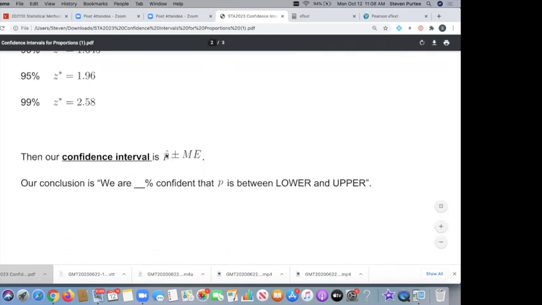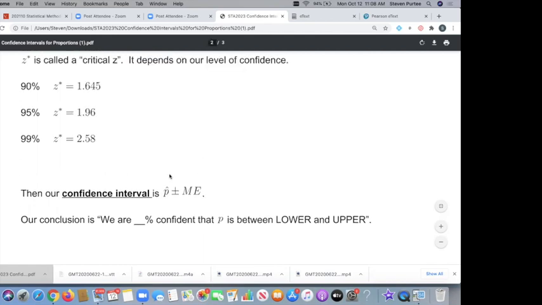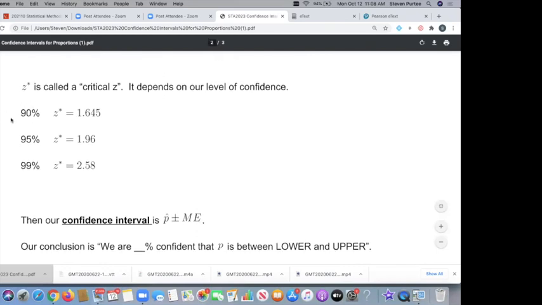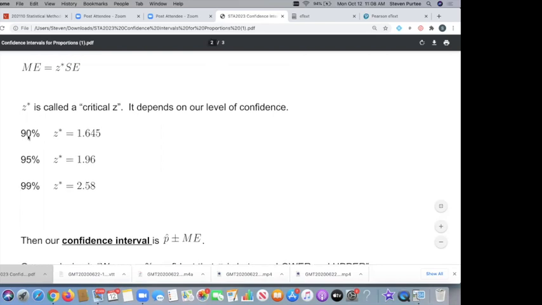We get some confidence interval that is centered around what our sample tells us, plus or minus some margin of error. And then how do we decide how big we want our margin of error to be? That's our confidence level. So we could be 90% confident, 95%, 99%.